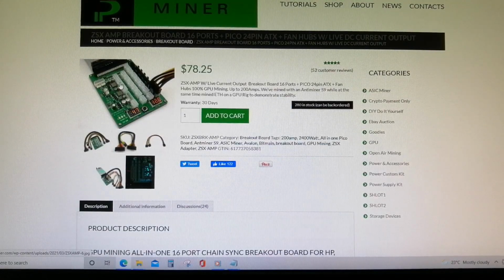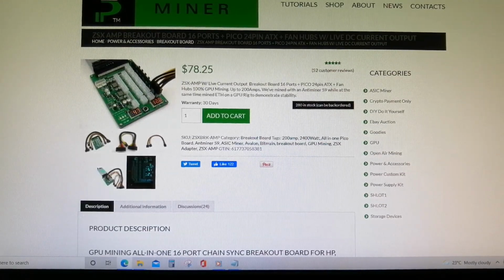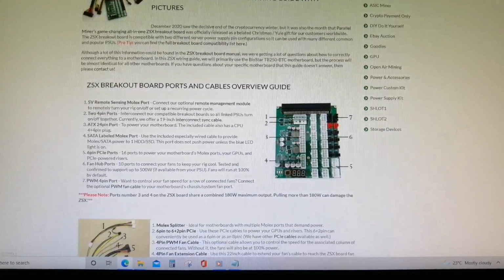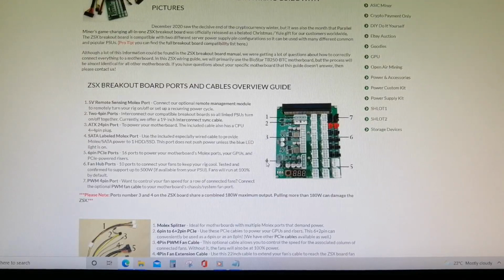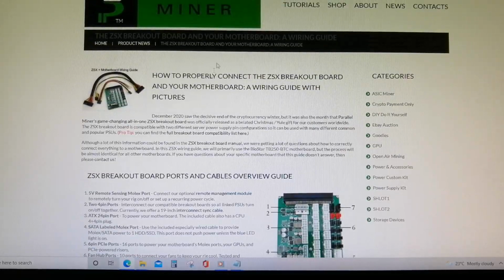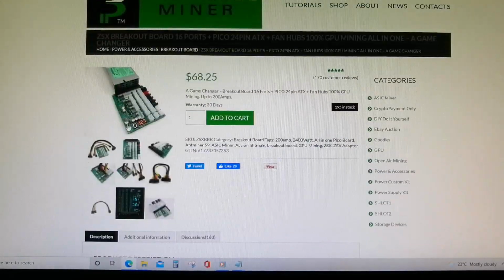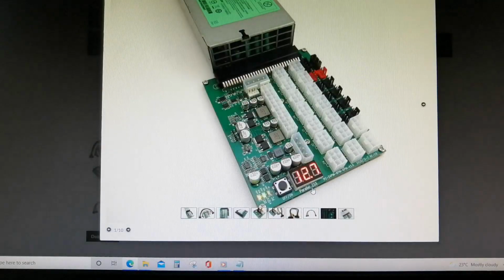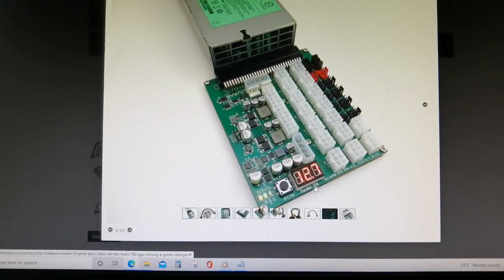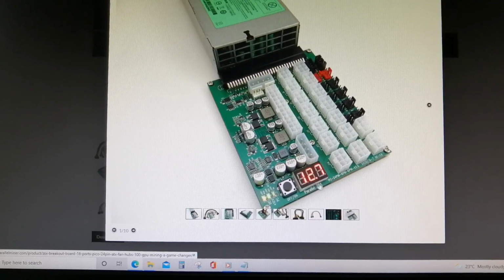As you can see here, this is the second version actually. They have the first version, which is this one here. Let's go back. The difference is that this one only has the voltage display. It doesn't have the current display.